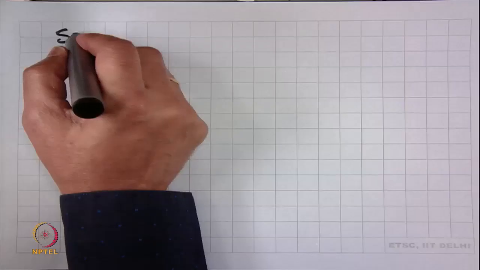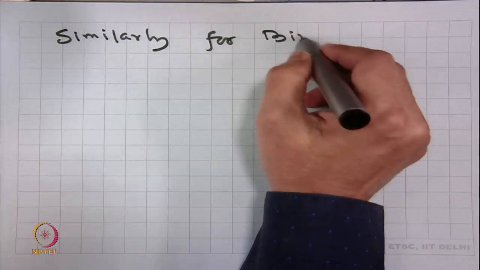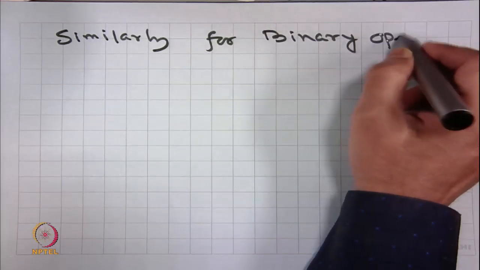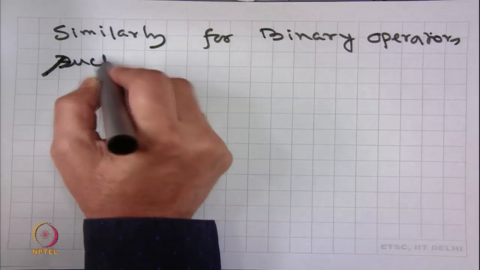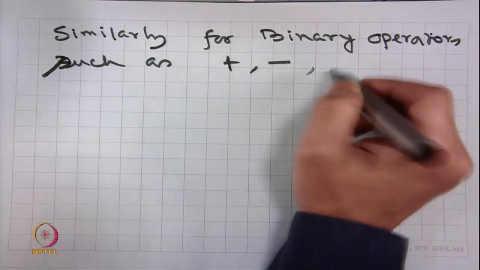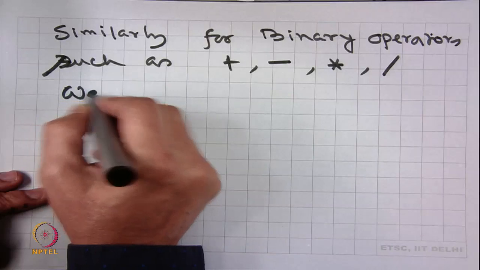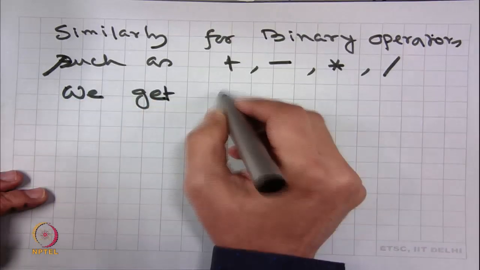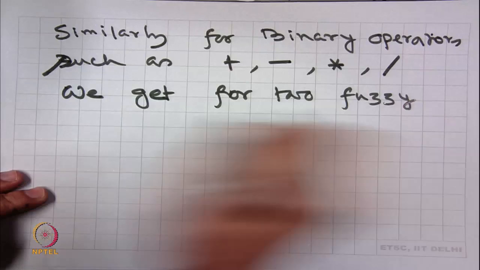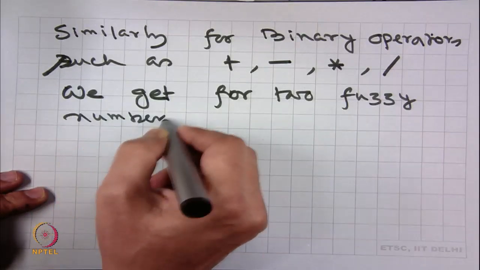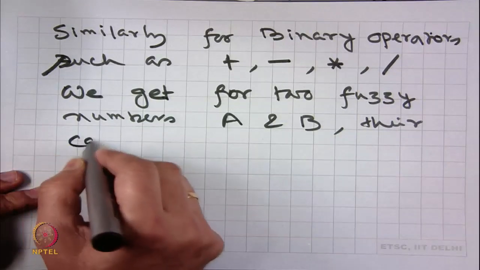Similarly, for binary operators such as plus, minus, multiplication, division, we get for two fuzzy numbers A and B, their corresponding alpha cuts.